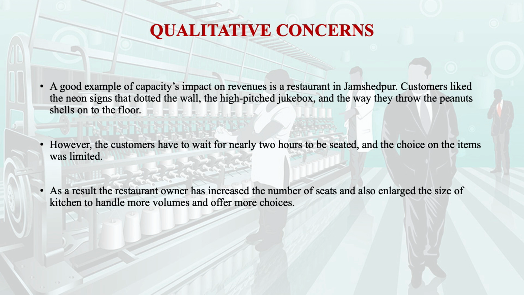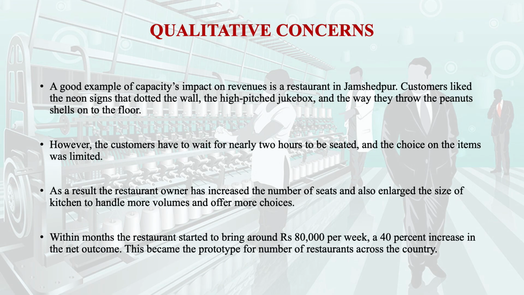As a result, the restaurant owner increased the number of seats, that means enhanced the capacity. Also he enlarged the size of the kitchen to handle more volumes and offer more choices. Within 1 month, the restaurant started to bring in around rupees 80,000 per week, a 40% increase in net income. That became the prototype for a number of restaurants across Jamshedpur and across the country.